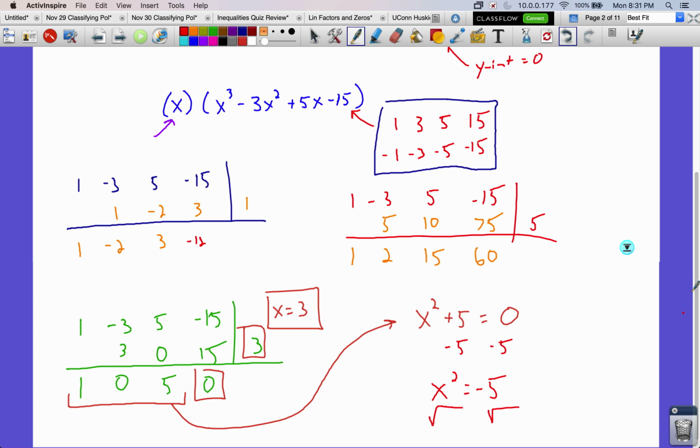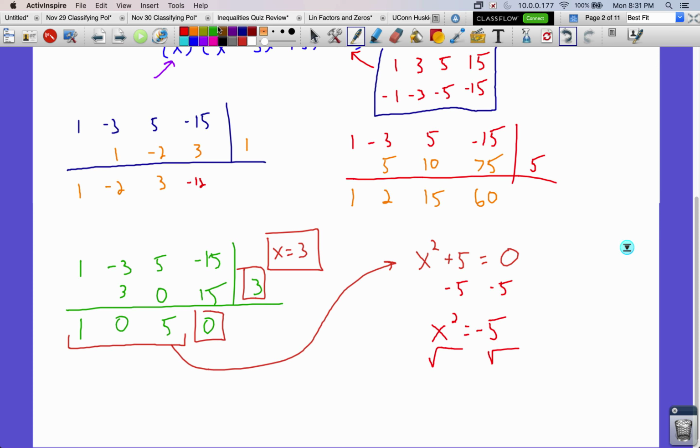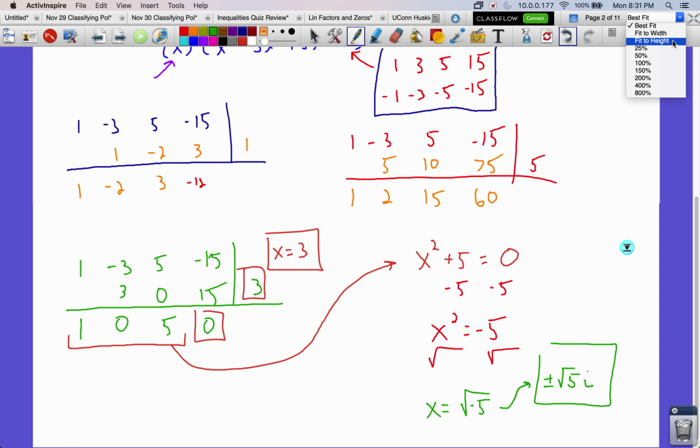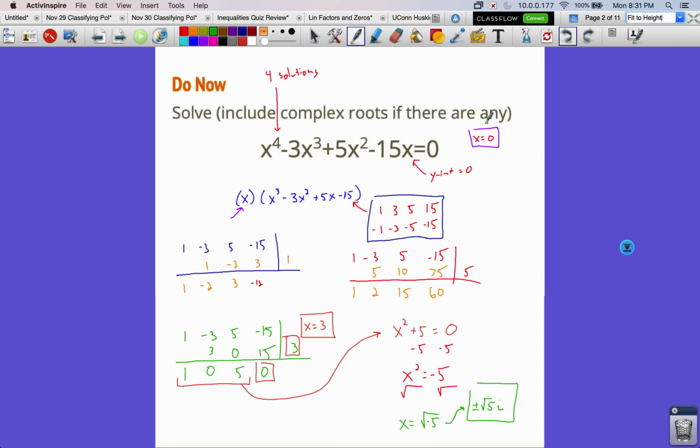Square root, and I get x equals the square root of -5, which we're going to immediately turn into plus or minus √5i. And there are all 4 of our solutions. Let's revisit them again. x equals 0, x equals 3, and x equals plus or minus root 5i. This counts as two solutions because of that plus or minus.